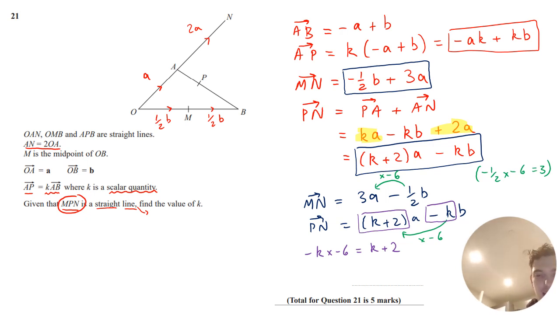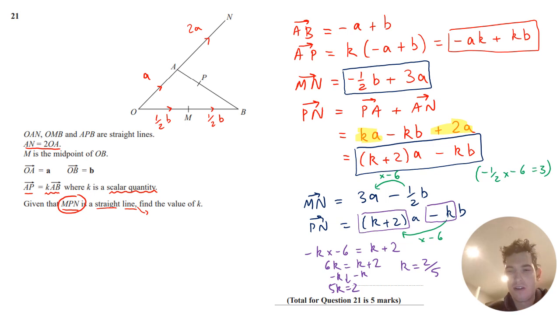Now, minus k times -6 is just 6k, and I can solve this equation to find out what k is equal to, which is 2/5.